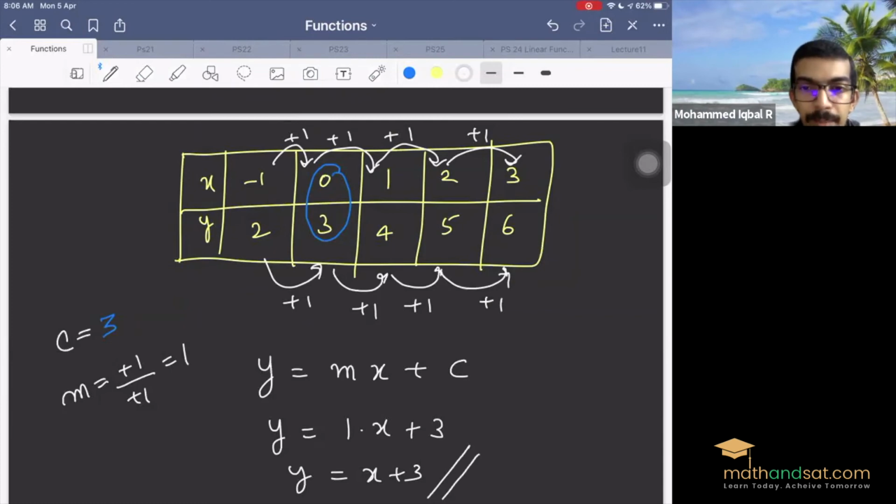I'll give you one more example. I hope the procedure is clear because that is the general way of doing things. I'll give you one more example.